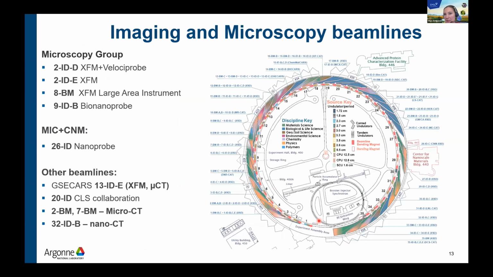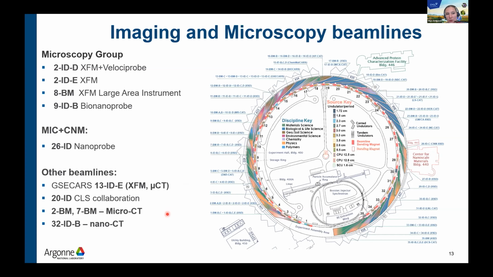So the beam lines which are capable of this imaging are usually used for biological and environmental samples. I am a member of the microscopy group, and we have several beam lines at sector 2, right here, at 8-BM, and they will stay there after the upgrade. We used to have a beamline at sector 9, which moved to 2 as well.